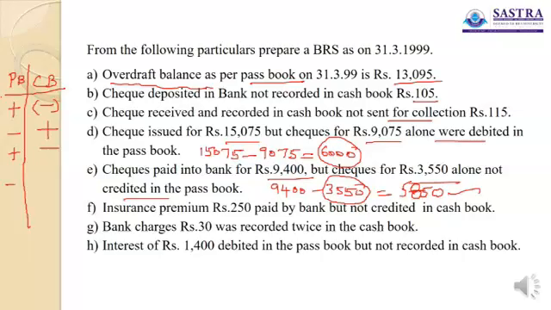So out of the 9,400 paid into bank, we show this one plus and the other minus.